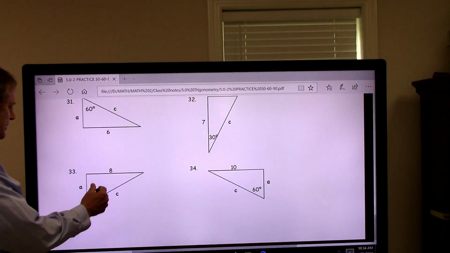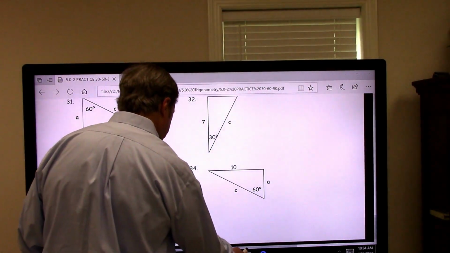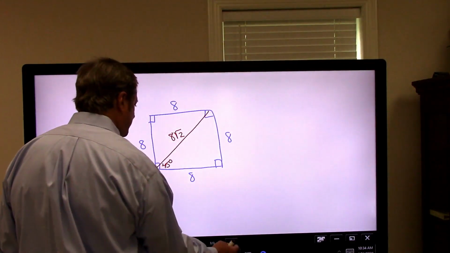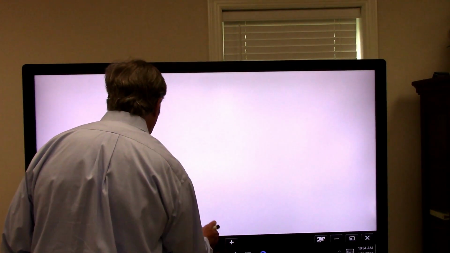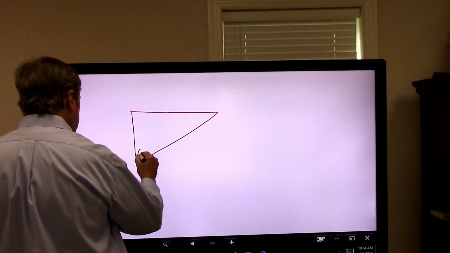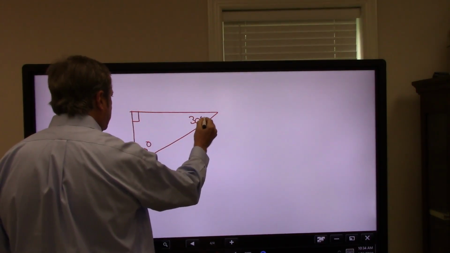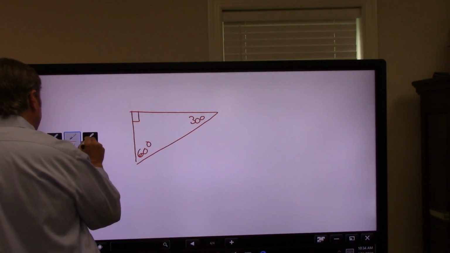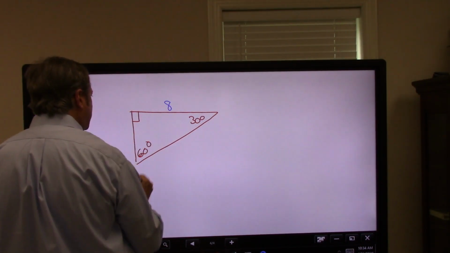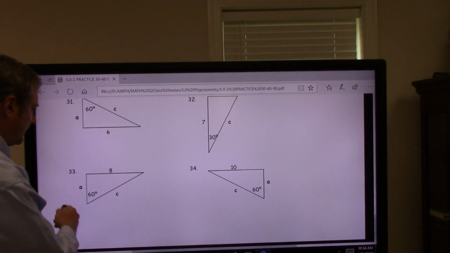All right, so we're told that the side across from the 60 is 8. In fact, let me try this on a separate thing. So if that's 60, this has got to be the 30. And we're told that the side across from the 30 is 8. And I forget what the other dimensions were. We're looking for A and C.